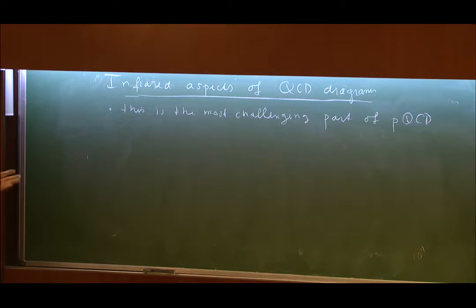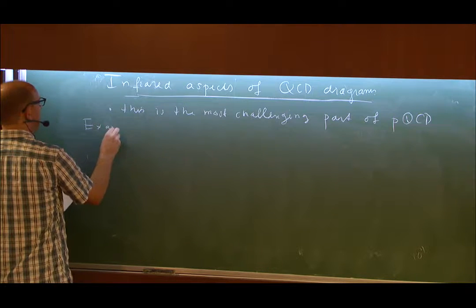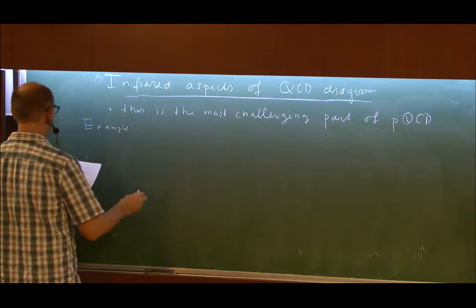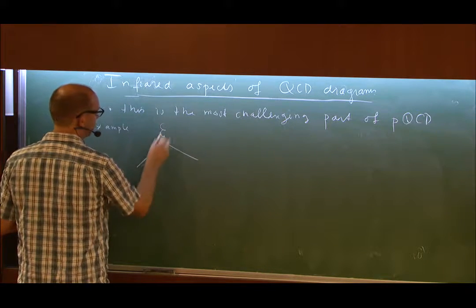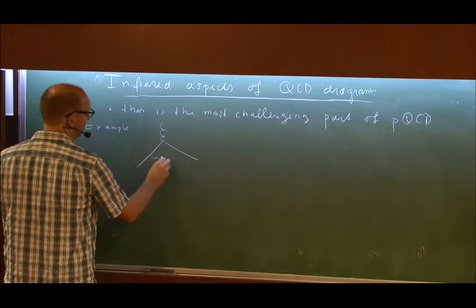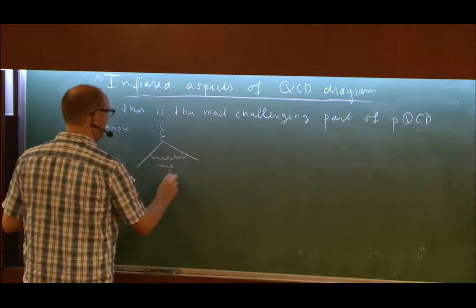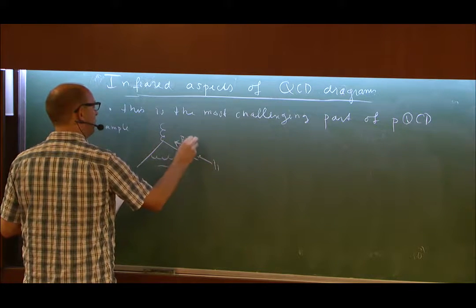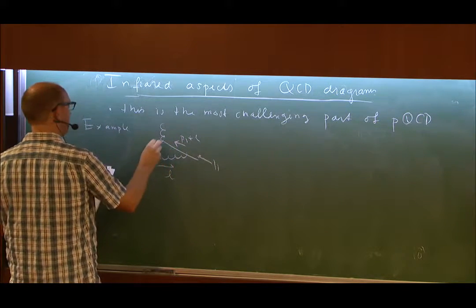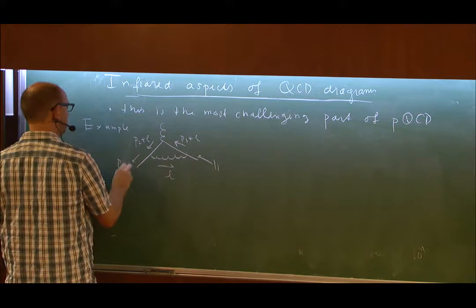So let's give a bit of an example, just to show how they occur. Let's look at a gluon quark vertex, and we have a vertex correction here. Momentum L goes here, here comes P1, here goes P1 plus L, and here goes P2 plus L, and here goes P2.